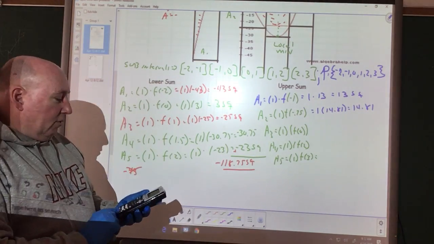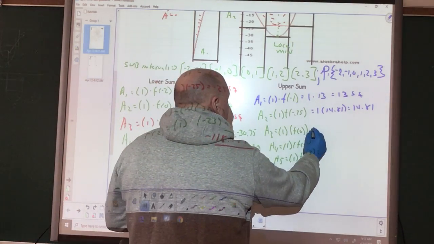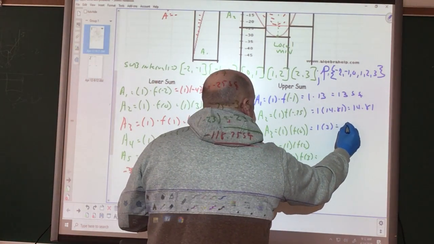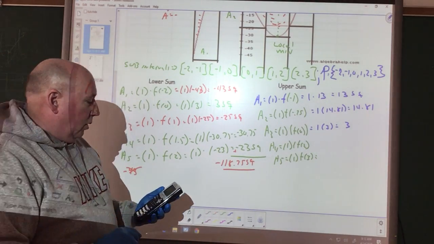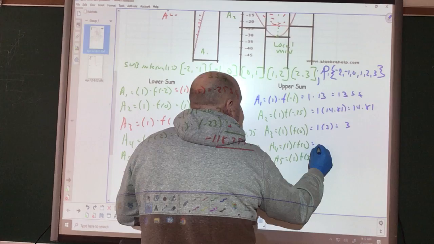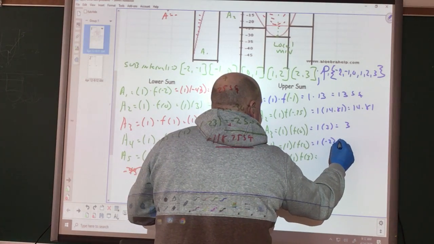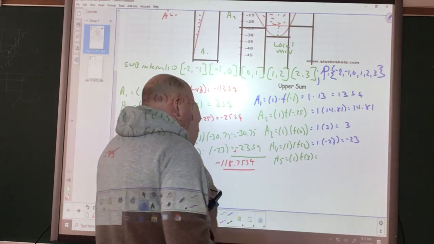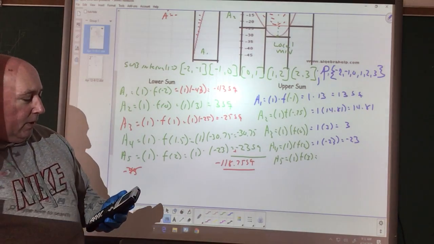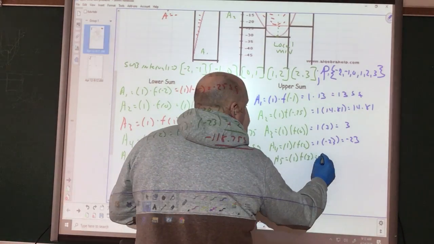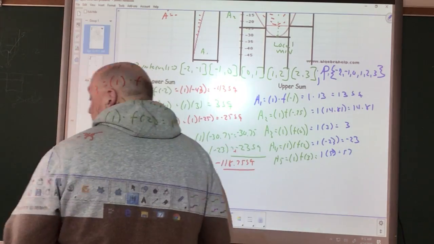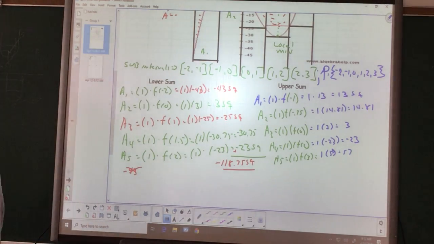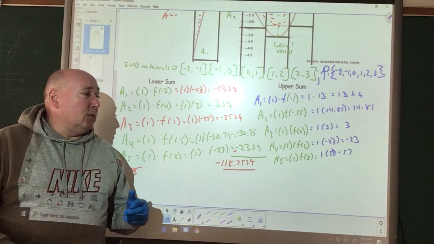Then we have at 0, which is the value of 3, which gives me 3. Then we have 2, which is negative 23. And then we have the value of 3 is 57. So this gives me my upper sum and this gives me my lower sum.